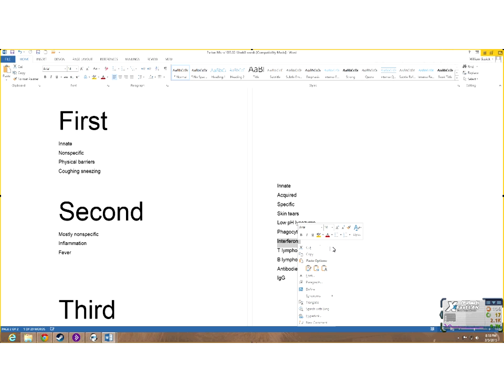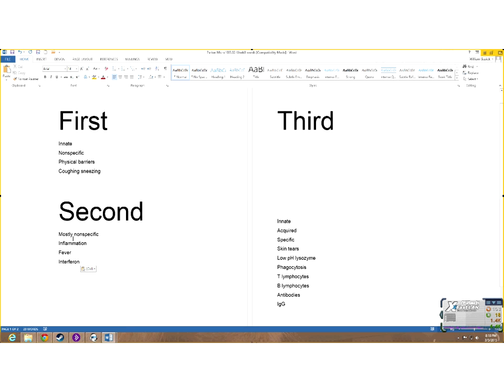Interferon. Somewhat acquired, yes. Or no, it's not somewhat acquired. It's somewhat specific, but mostly non. But it's innate, because everybody's born with the ability to have a fever.